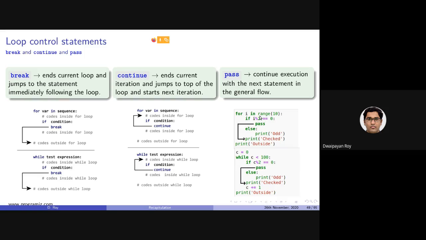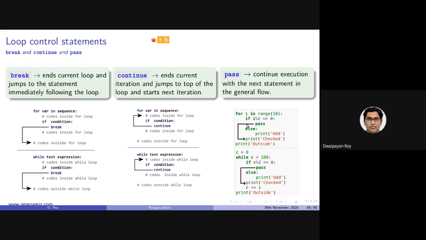Pass is kind of similar to the simple flow of execution, but it is mostly used to fill some voids. For example, here I have written a for loop, for i in range 10, so this loop will continue from 0 to 9, and if the value of i is even, it will pass.